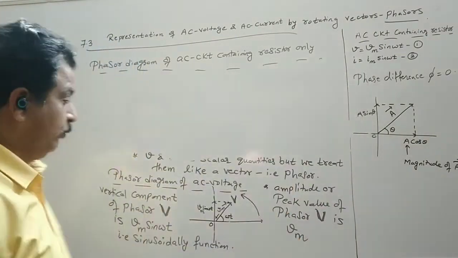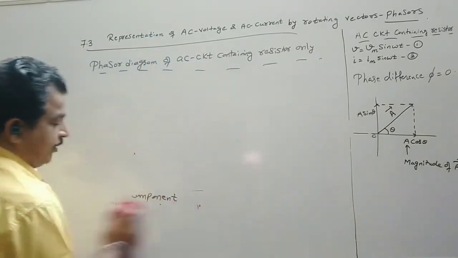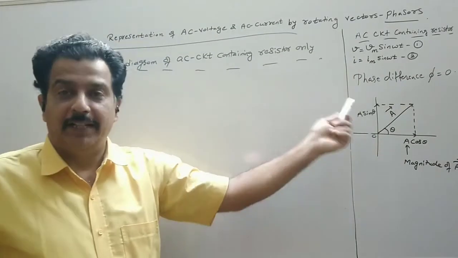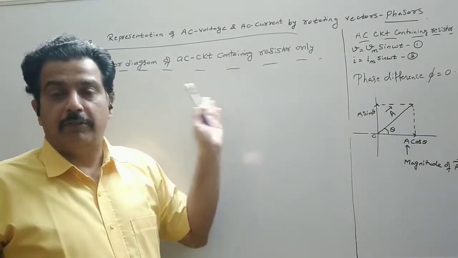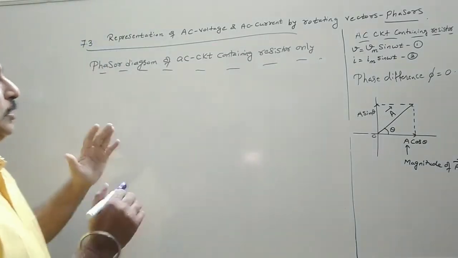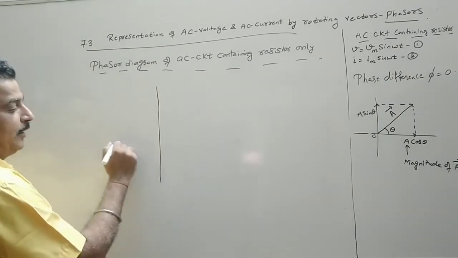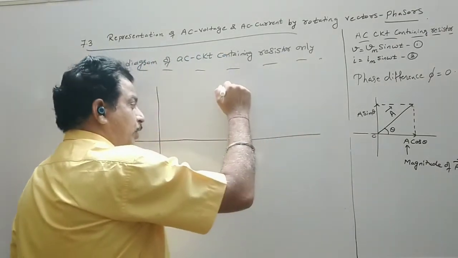So first we derived this equation, and we wrote that the phase difference between them was 0. So one is the mathematical treatment and one is the graphical treatment, which is a phasor diagram. So suppose I have to draw the phasor diagram of an AC circuit containing only the resistance. So let us see how we will draw this.